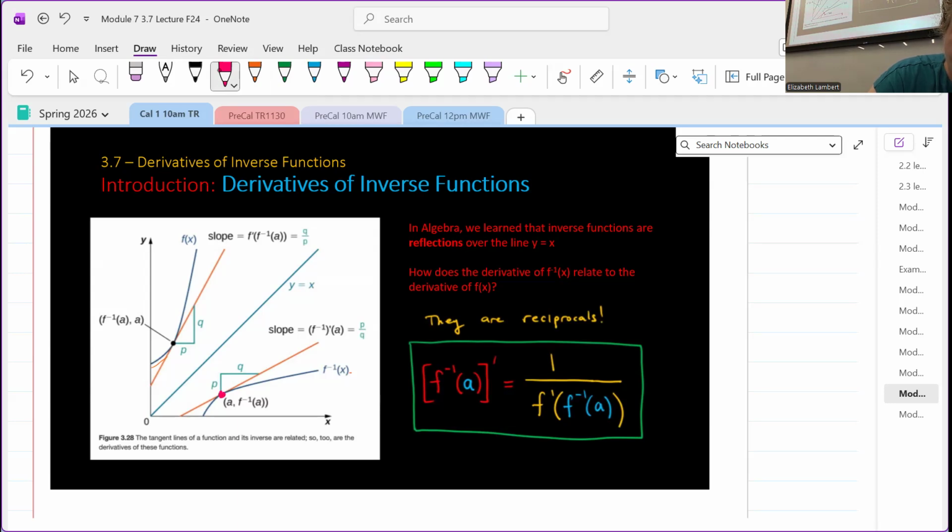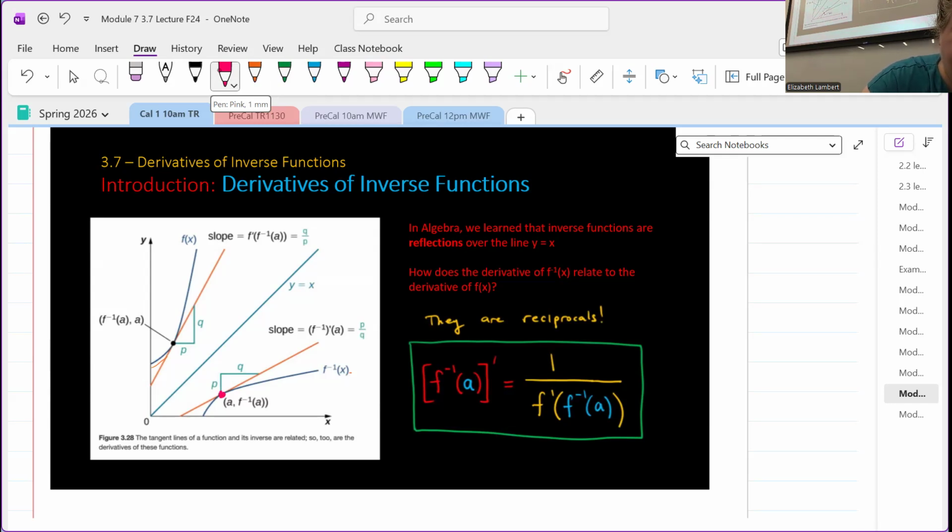And then, because I'm looking at the inverse function, I would write that as f inverse of a. And then I just sketched the tangent line and arbitrarily labeled the slope. So the slope of this is p over q.